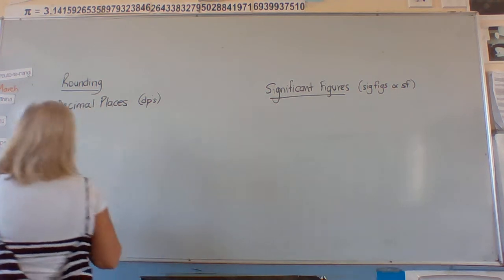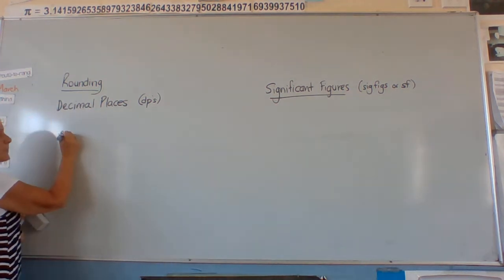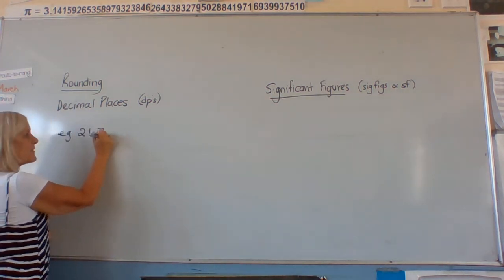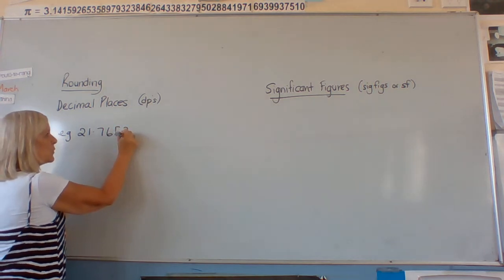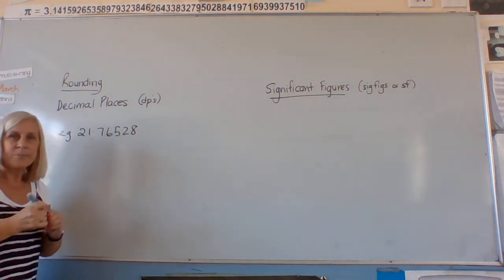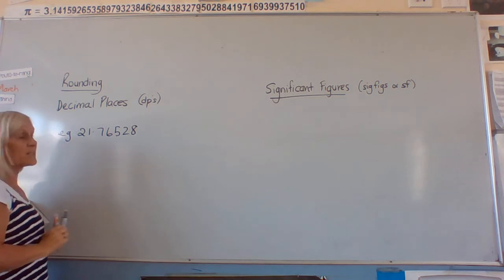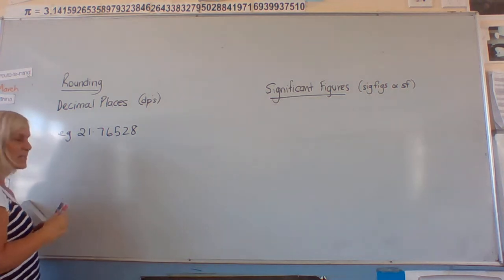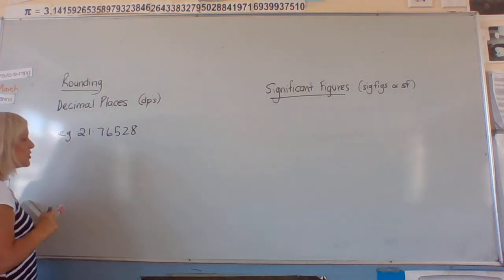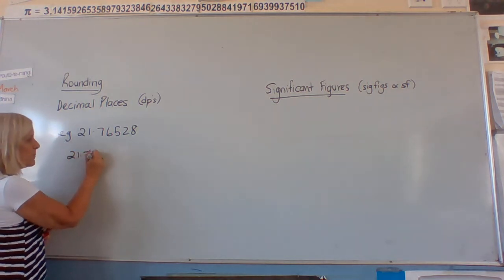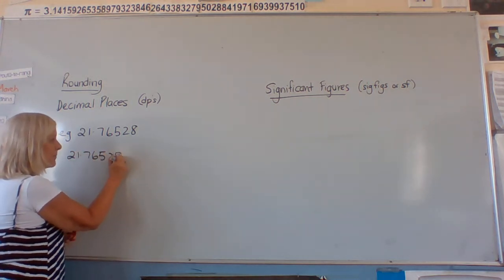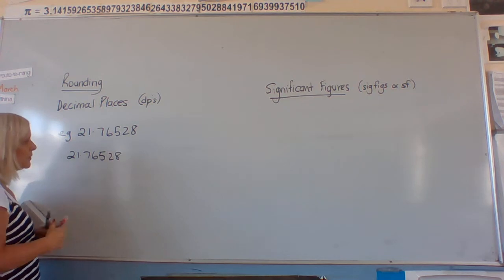Okay, let's have a look. So if we've got 21.76528, all right? If I want to round this to money, I would be looking at rounding it to two decimal places. To do this, I would put my line, because I want to look at this number here.